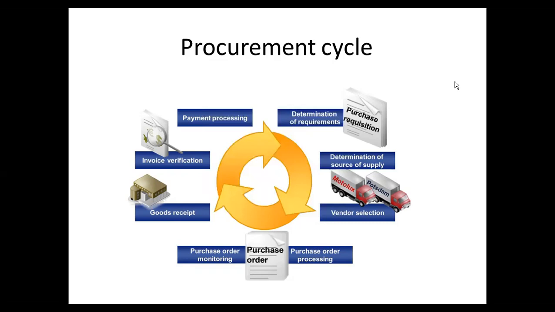Then once we have the vendors list ready with us, we'll issue the request for quotation to them, asking for quotation that there is a need of this material, so can you please submit your quotation. Then the vendors will supply you the quotation, and once they submit it, you'll do the price comparison of all the vendors, and based on that you will finalize one vendor.